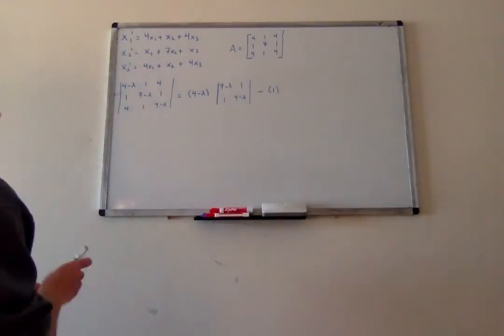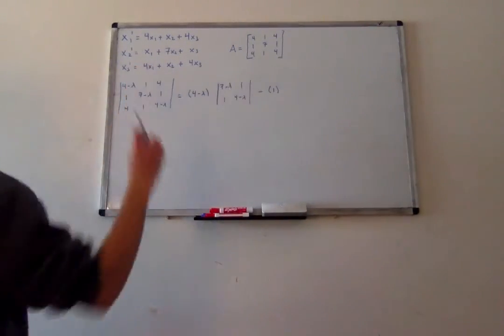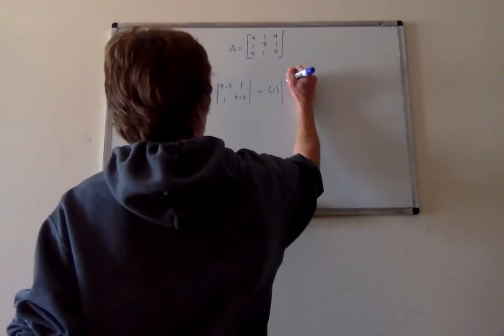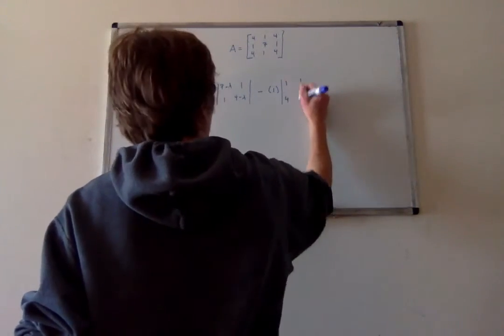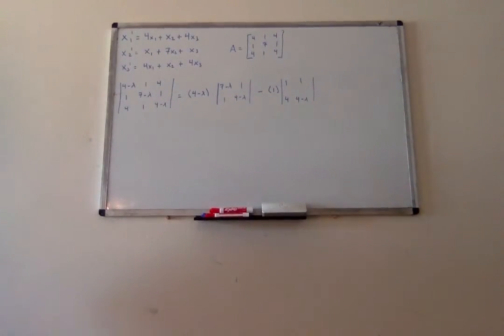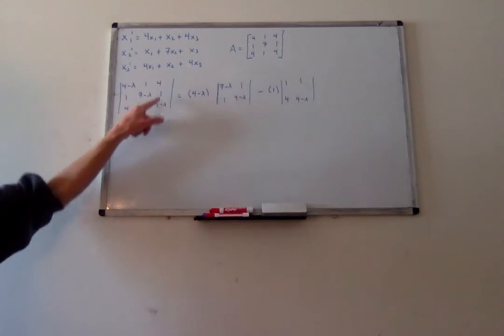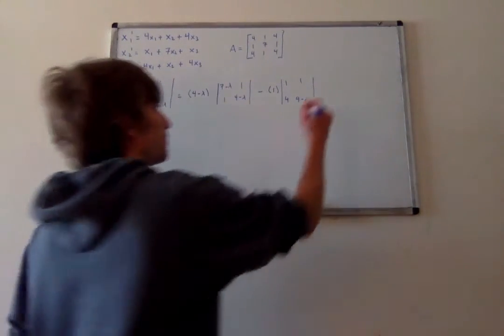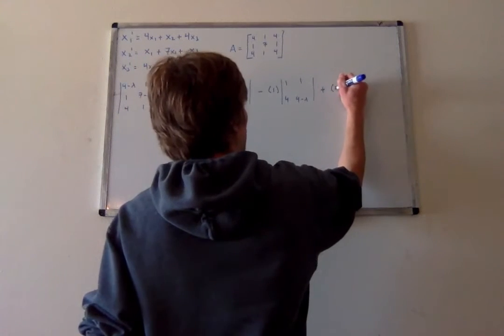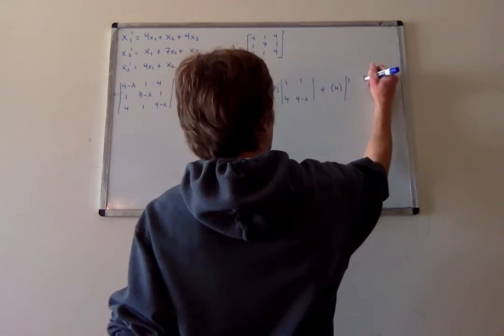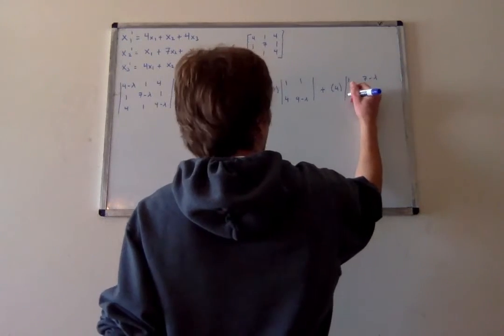So now 1, I'm going to cover up the middle row, top column, and I'm left with the determinant of 1, 4, 1, 4 minus lambda. And then finally 4, I cover up row 1, column 3, and I'm left with this determinant. And we go plus, minus, so now I'll add 4 times the determinant 1, 7 minus lambda, 4, 1.